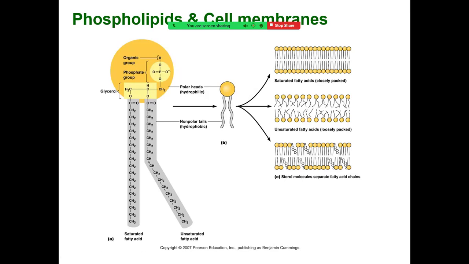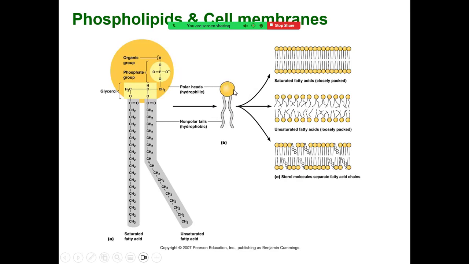It's the phosphate which mainly makes the phospholipid have a polar end. And then the saturated and unsaturated fatty acids make the phospholipid have a non-polar, what's the word I'm looking for? Hydrophobic end. So this is the molecule.